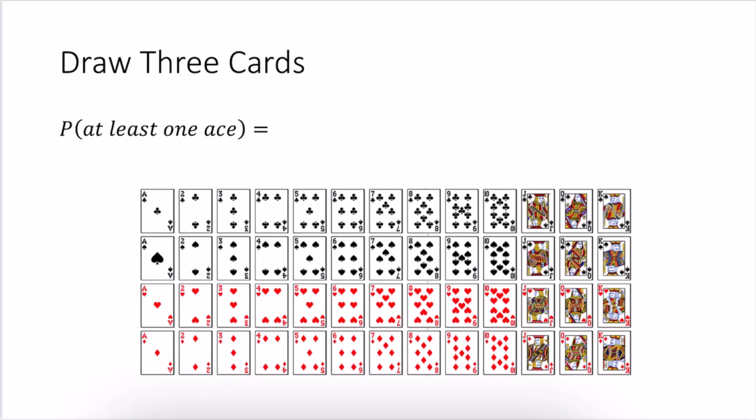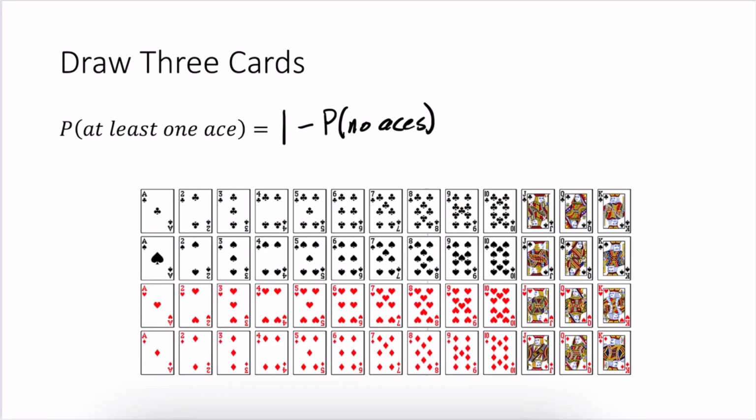So let's do another example of this. Let's say that you are going to draw 3 cards without replacement from a standard deck of cards, and you want to find the probability of getting at least one ace. Well, the way I want to think about this, because I definitely don't want to draw out the choice tree, is I'm going to say this is going to equal 100% probability minus the probability of getting no aces, because getting no aces is the opposite of what I do want.